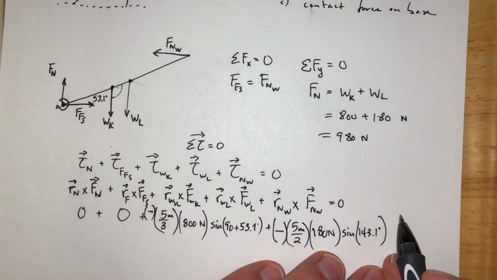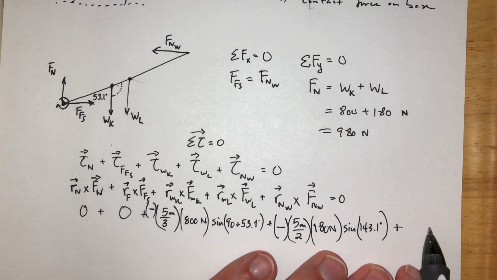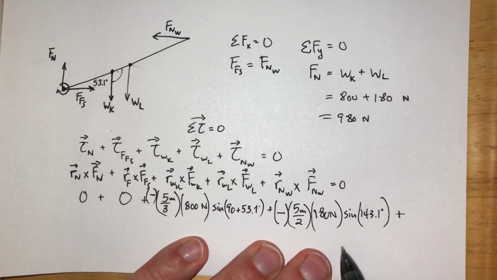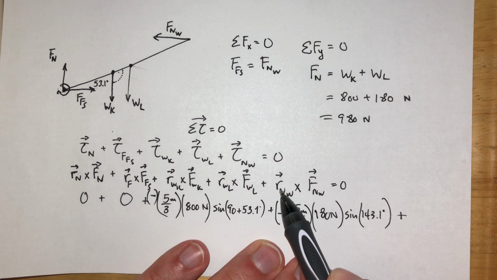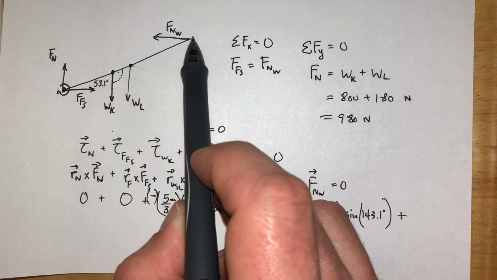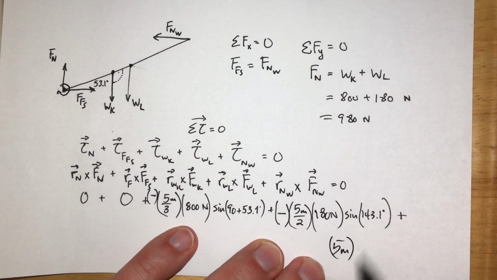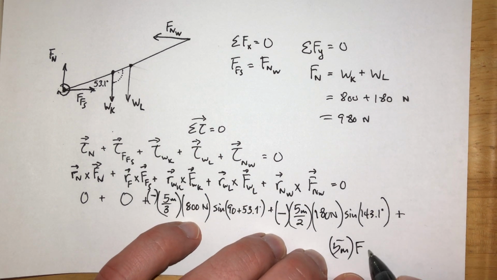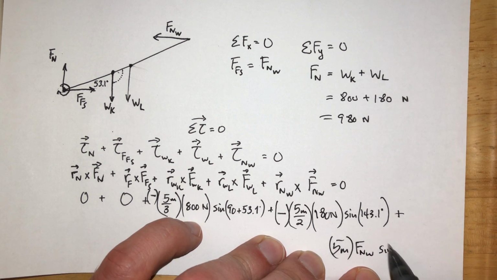Okay. Last term. I'm running out of space, so I'm going to move down a line here. The distance along the ladder to the point of action of the normal force from the wall, that's the entire 5 meters. The normal force from the wall, we don't know what it is, so I'm just going to leave it as normal force from the wall. Magnitude, sine of the angle between.